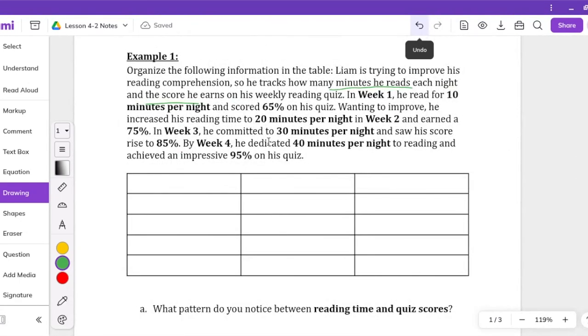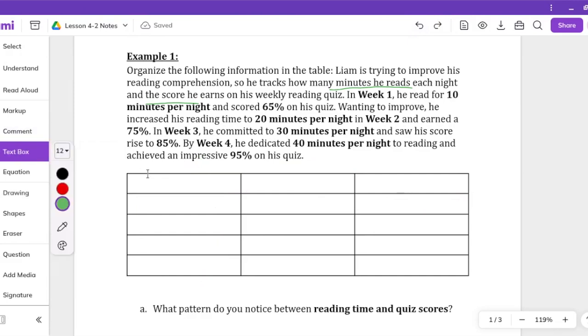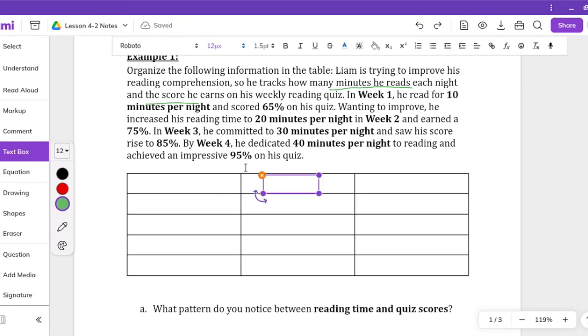Now for a table, one thing you got to remember is like the first row and the first column, those have to be left over for titles. Okay, so in this column, I'm going to put the percentage he gets, I think. Or no, we'll put the weeks. So here will be, we're going to do minutes.